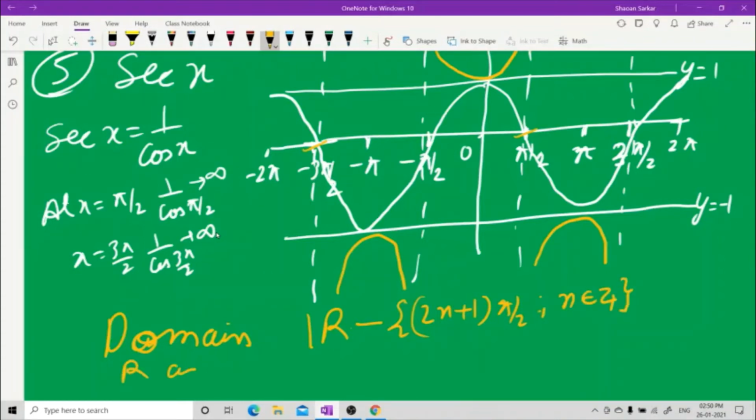And the range is, of course, you can guess now, this portion is not there. The range is R minus the open interval minus 1 to 1. So this is the graph of sec.